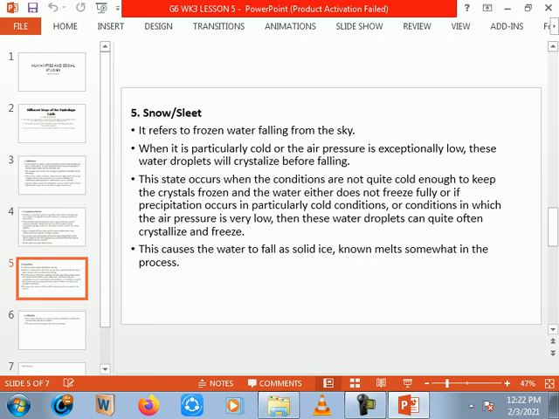This stage occurs when the conditions are not quite cold enough to keep the crystals frozen and the water either does not freeze fully, or if precipitation occurs in particularly cold conditions, or conditions in which the air pressure is very low, then these water droplets can quite often crystallize and freeze. This causes the water to fall as solid ice, though it melts somewhat in the process.